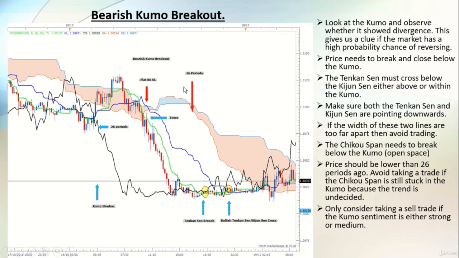So in this example, when we enter the trade over here, the Senkou span A was pointing downwards, and the Senkou span B was pointing downwards too. You can't see it because there's this arrow, but it was also pointing downwards. So this is a very strong Kumo sentiment.